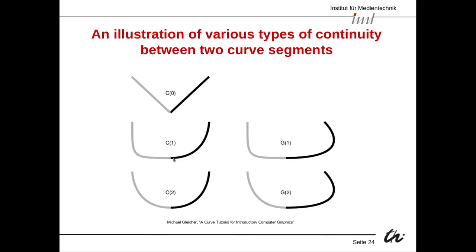So here the derivatives are the same for both curve pieces, and here also the amount of curvature is the same. So you can see this is more or less straight, and then here you get a curve. Here you have the same curve on both sides. So this is the C2, and similar for G1 and G2. Same curvature on both sides.